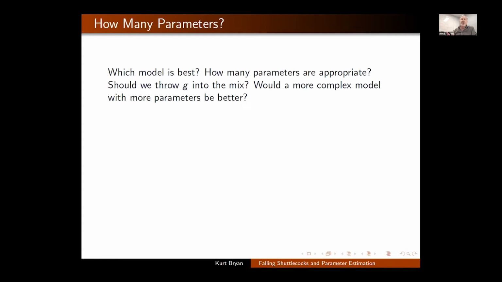Models with more parameters almost invariably do a better job at fitting the data, but they're more complicated. Should we throw gravity into the mix? And the answer is probably not if you could just measure it. But the issue now becomes, would a more complex model that has more parameters be a superior choice? It might give a slightly smaller residual.